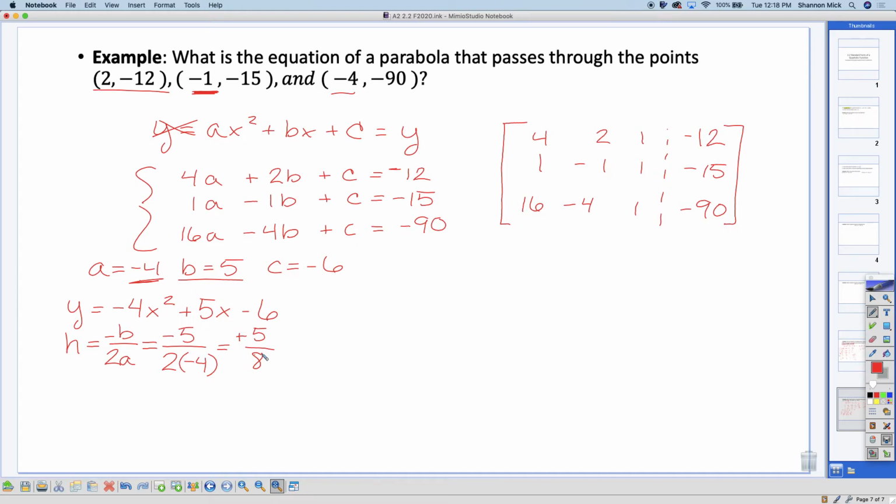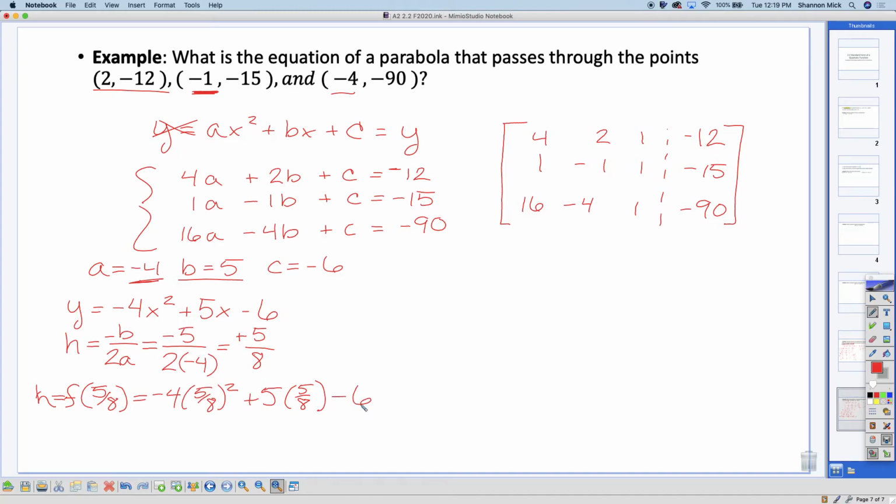So I get my K by doing what? F of 5/8. So that means I'm going to take -4 times 5/8 squared plus 5 times 5/8 plus minus 6, yes?